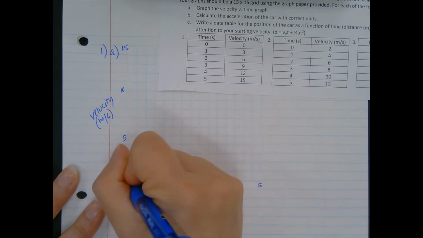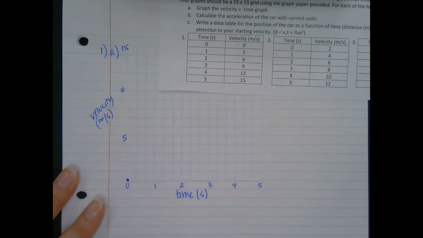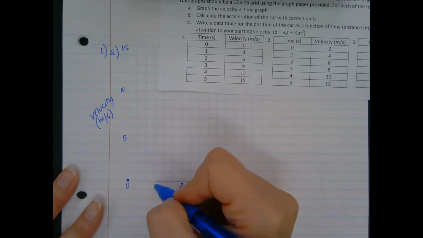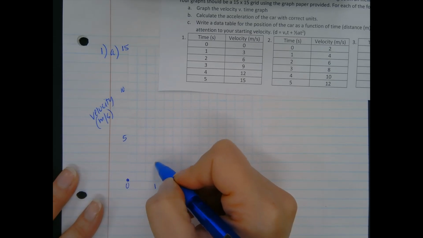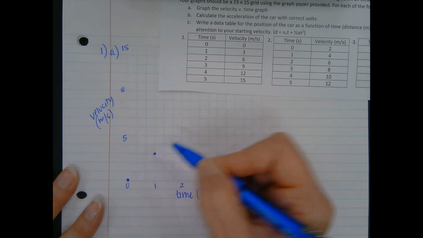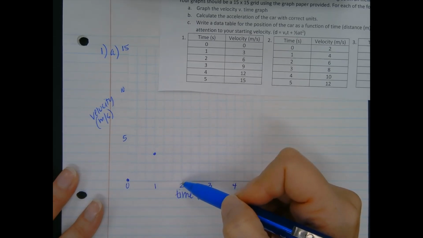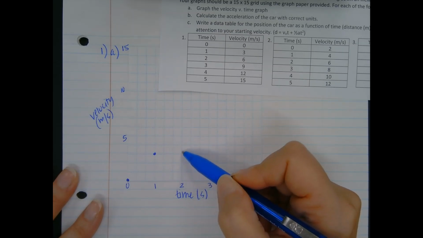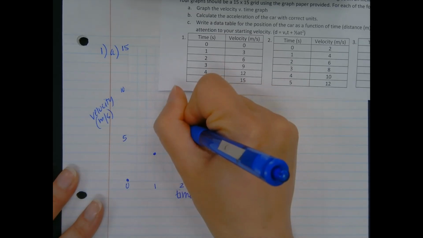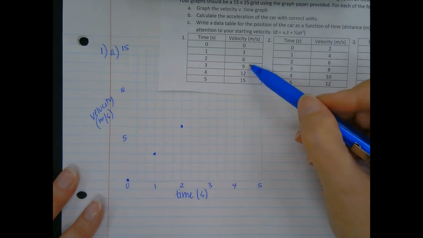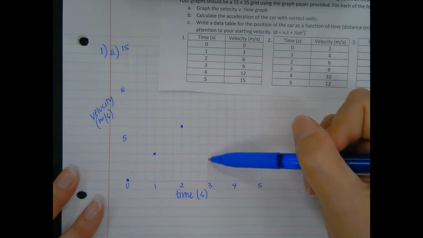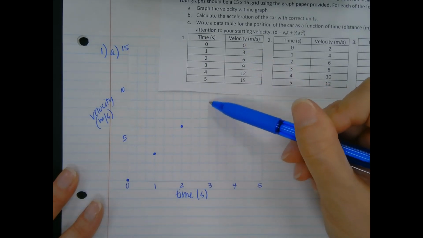0 and 0 is my first data point because the object has a 0 meters per second velocity at time 0. At 1 second, I'm at 3, 1, 2, 3. At 2 seconds, I'm at 6 meters per second, so 1, 2, 3, 4, 5, 6. 3 is 9, 1, 2, 3, 4, 5, 6, 7, 8, 9.